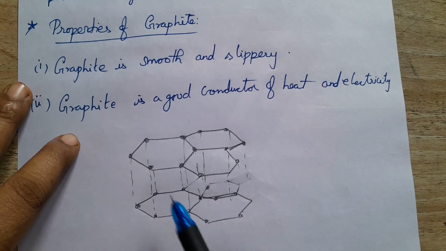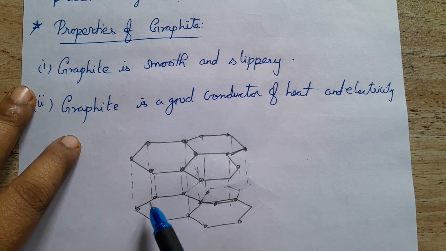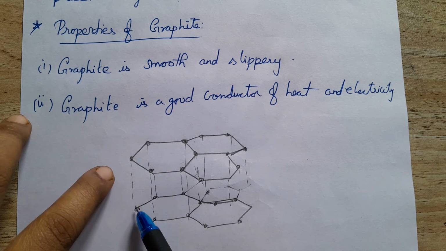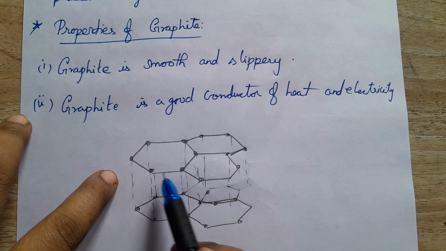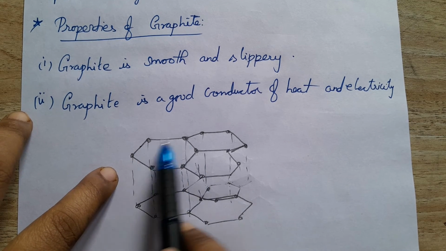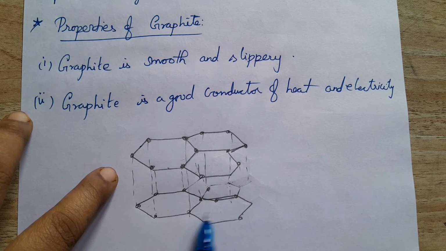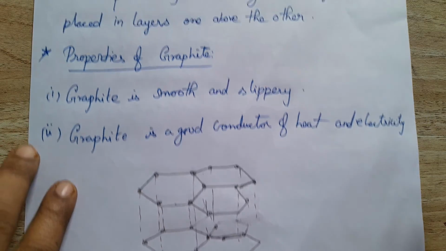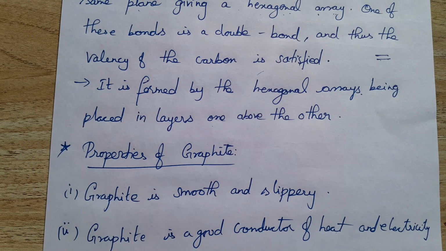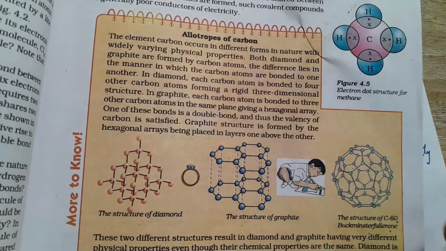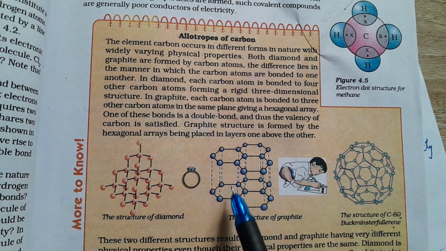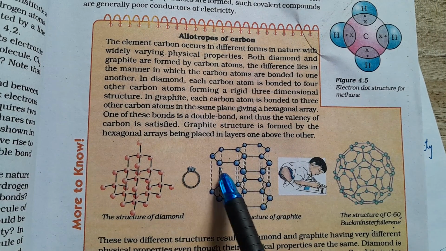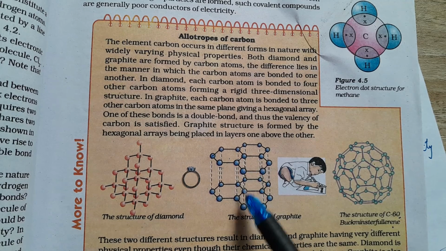It forms a hexagonal shape, and it will be layered. This is one layer and this is another layer, one above the other. If you look at the book, it will be like this. Clearly, this is the structure of graphite: hexagonal arrays arranged one above the other.